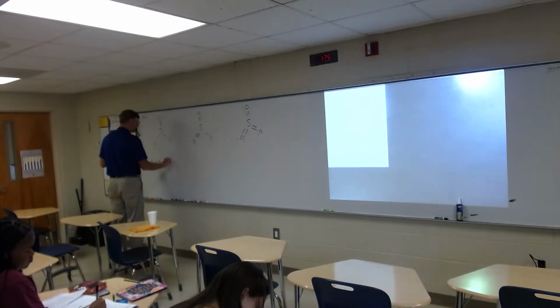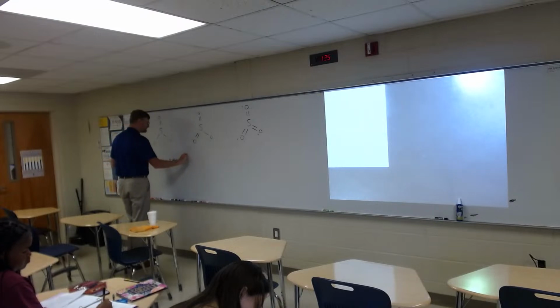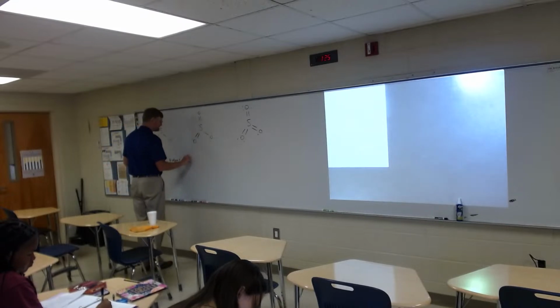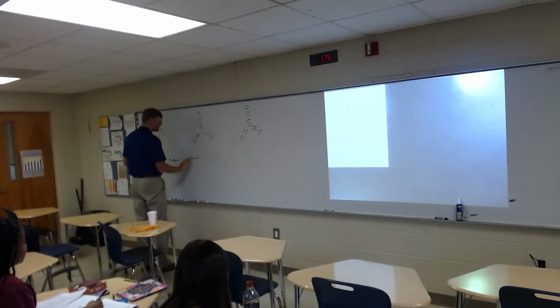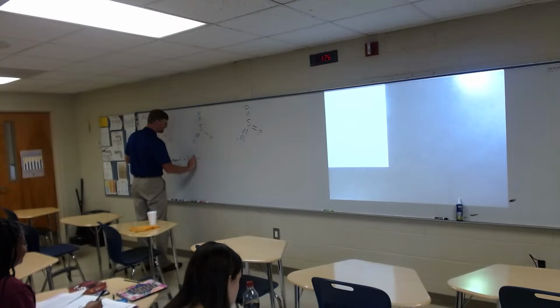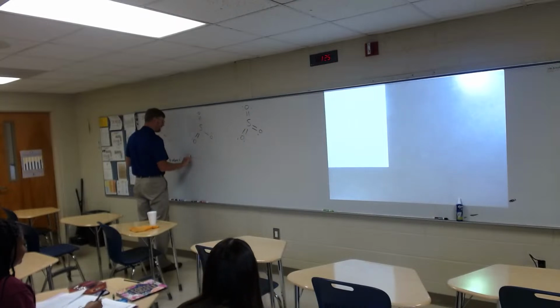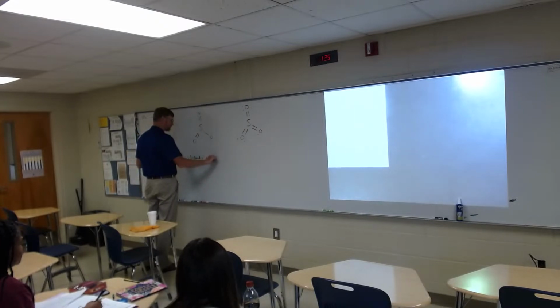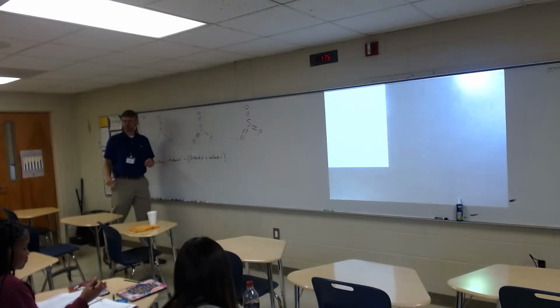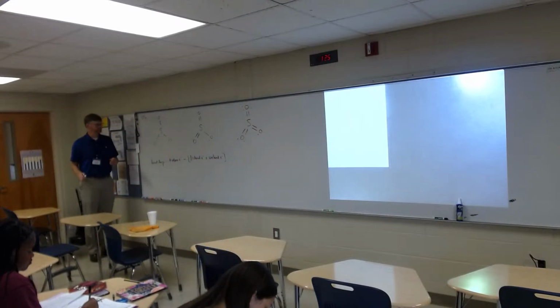The number of valence electrons minus the sum of half of the shared electrons plus all the unshared electrons. Okay, that's the actual formula for it.